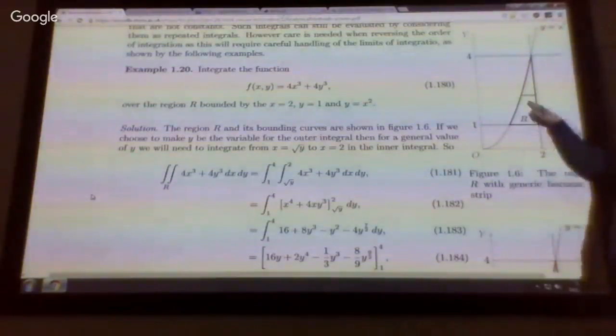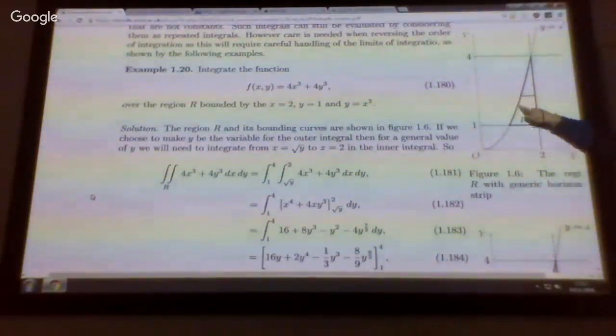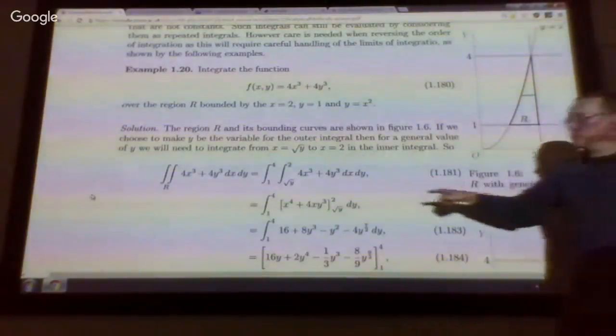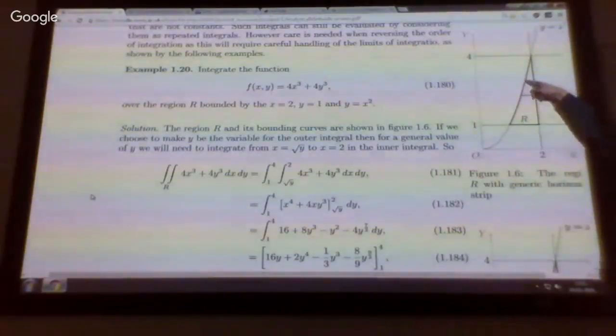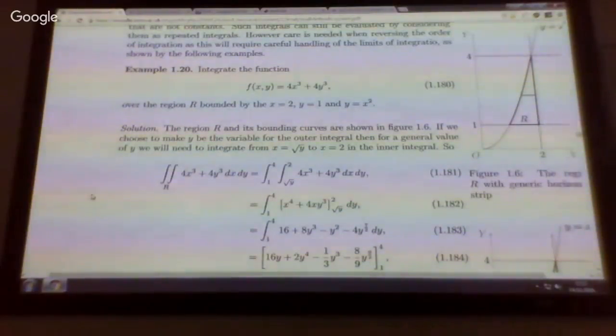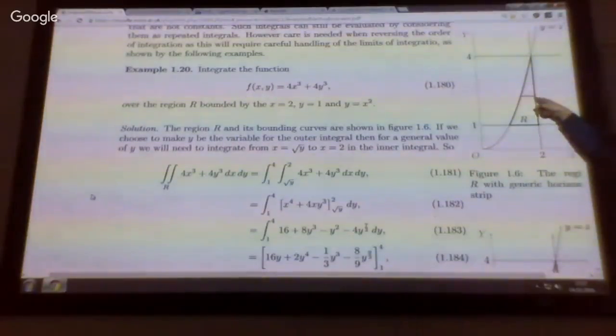Well, what's the x value here? If this strip is located at the position y, this x value here is the square root of y, because it comes from the point lying on the curve y equals x squared. So the relationship between x and y is that x is the square root of y. The upper limit for the x integration is x equals 2.